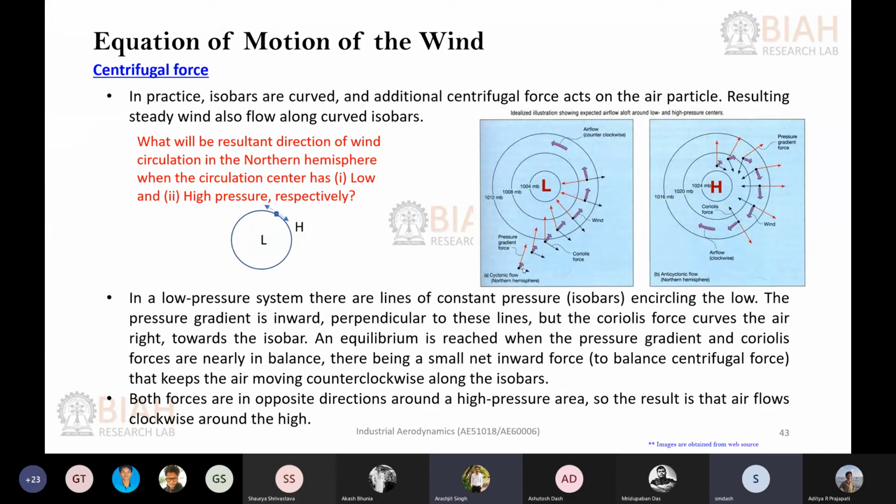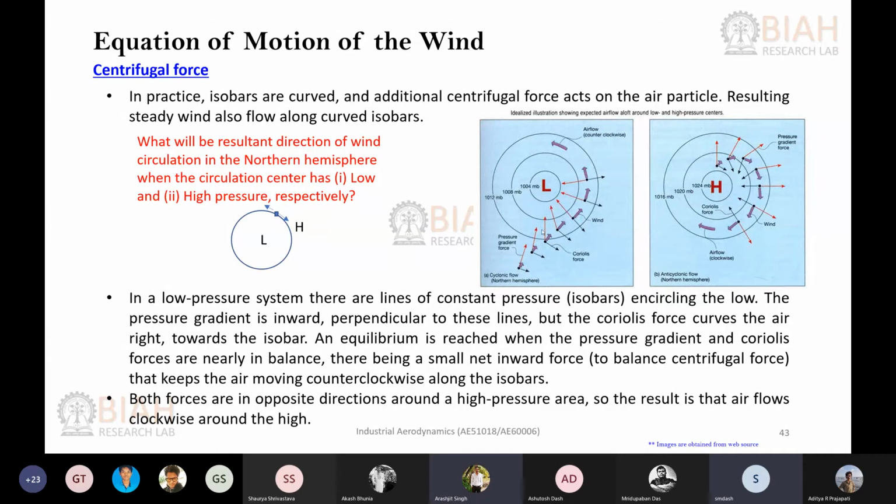Okay, so here you can see that on this low pressure region, the first force you get is the pressure gradient force. Because outside you have high pressure and you have low pressure here, the pressure gradient force will be directed from out to in. So this will be the direction of the pressure gradient force.